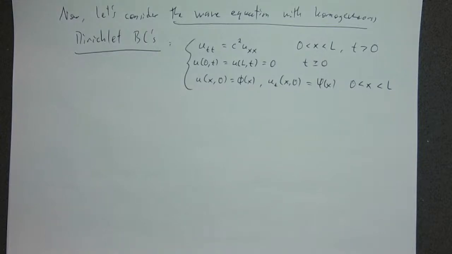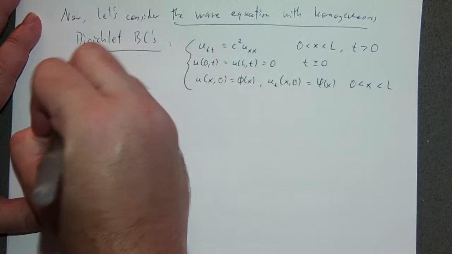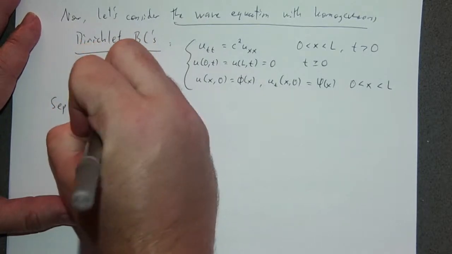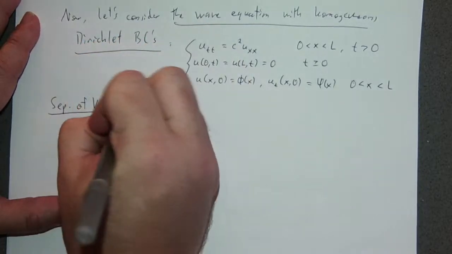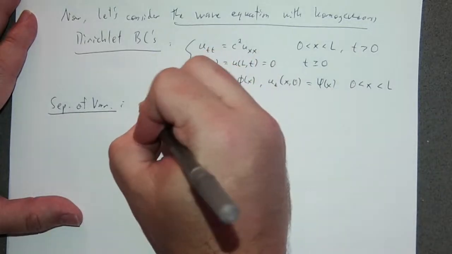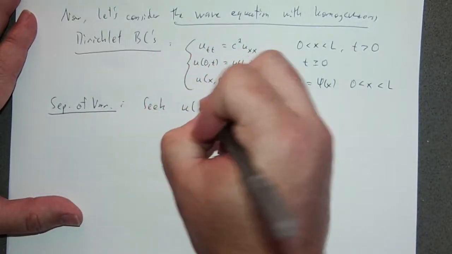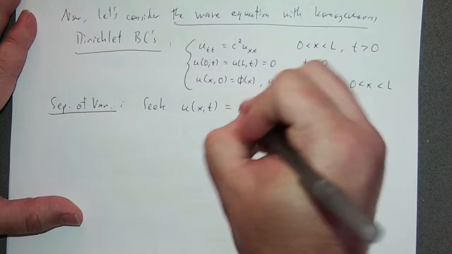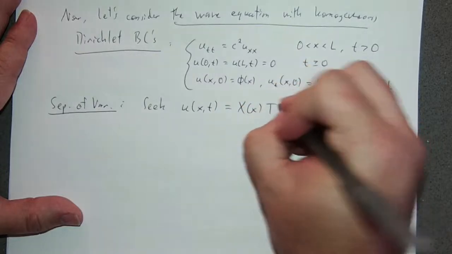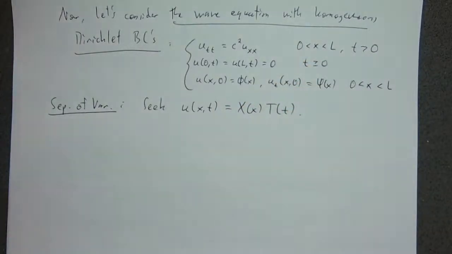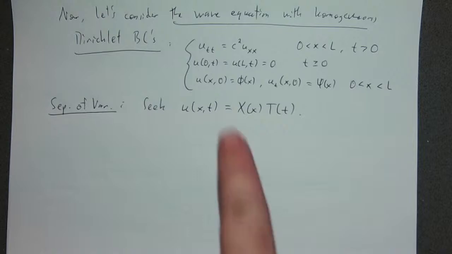All right. So separation of variables. Again, I seek u of x, t which is separated, so it looks like that. Now, what does this allow me to do here for this problem?